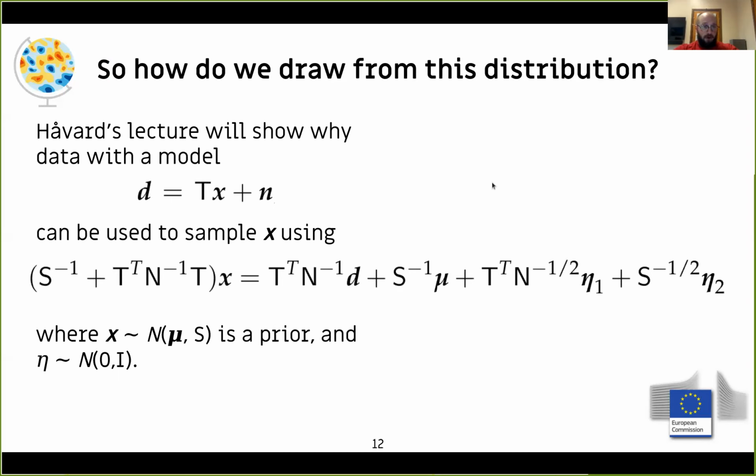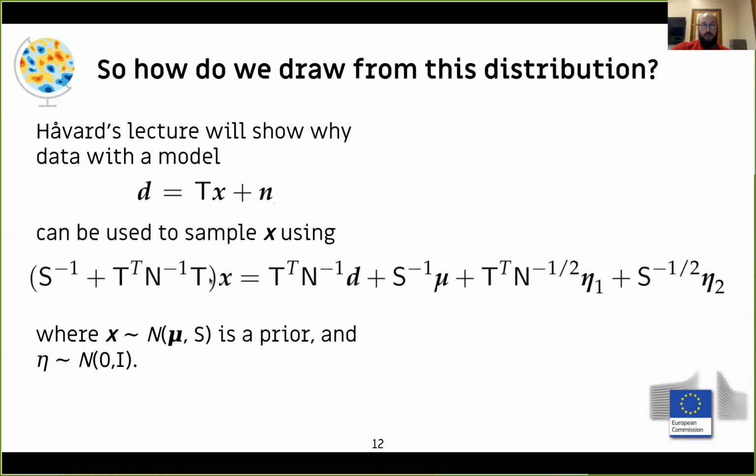Now, if you've seen Hovard's lectures on sampling, we know that given a prior X, if we want to actually draw samples rather than just solve for the maximum likelihood, this requires adding fluctuation terms, essentially one fluctuation term for each term of the covariance matrix.